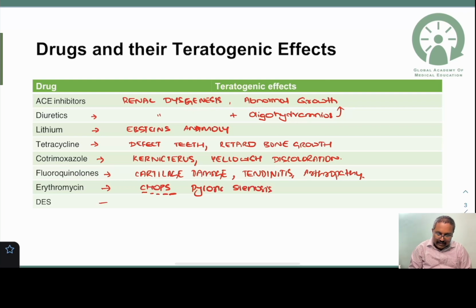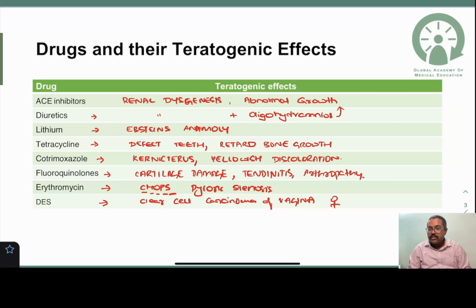So what about diethylstilbestrol? Diethylstilbestrol is known to cause clear cell carcinoma of the vagina in female offspring, but it is also known to cause testicular carcinomas in male offspring.